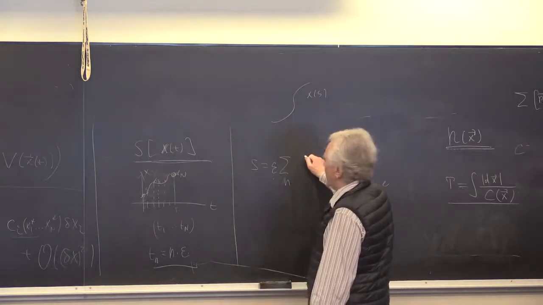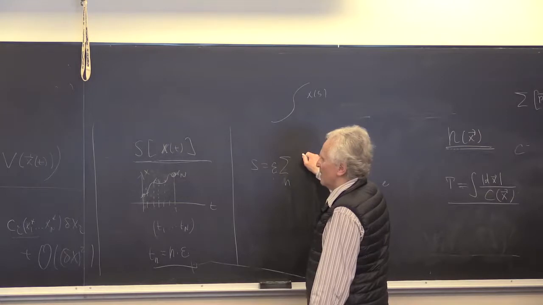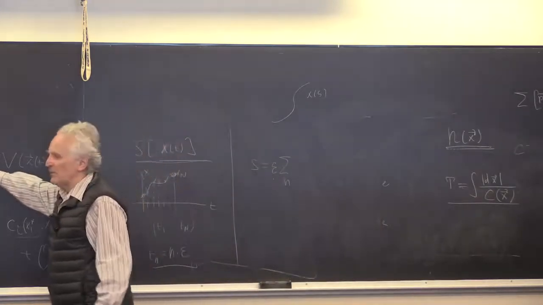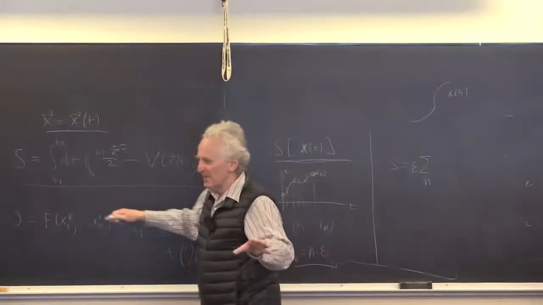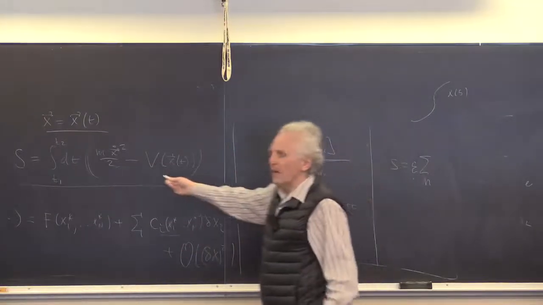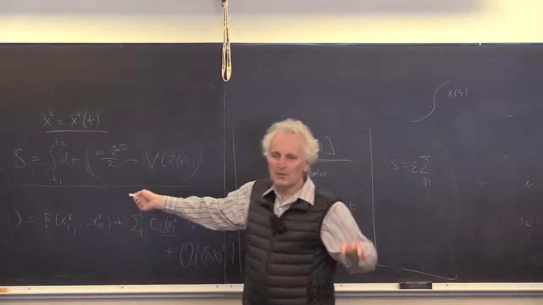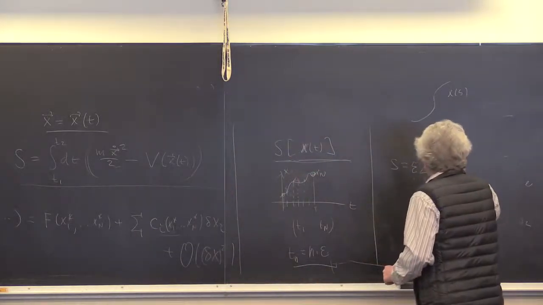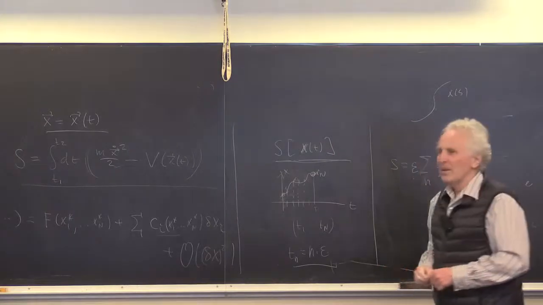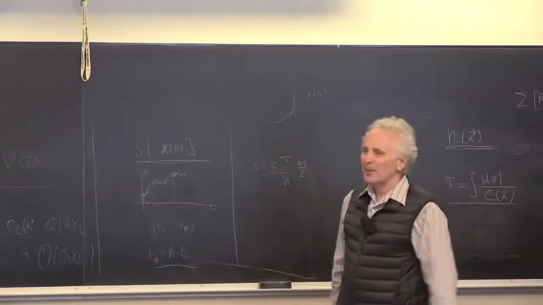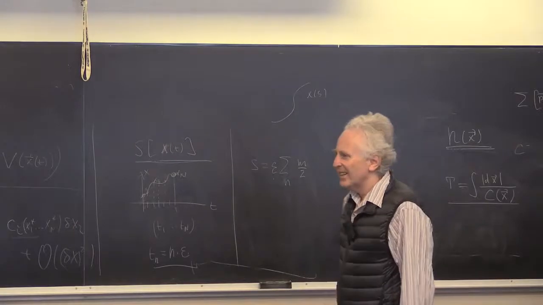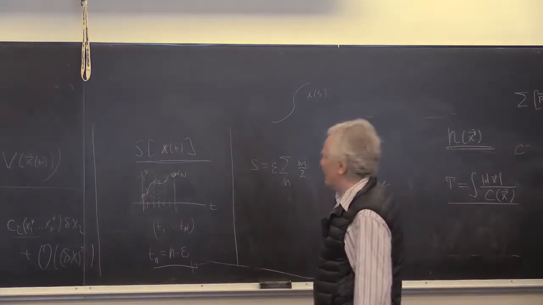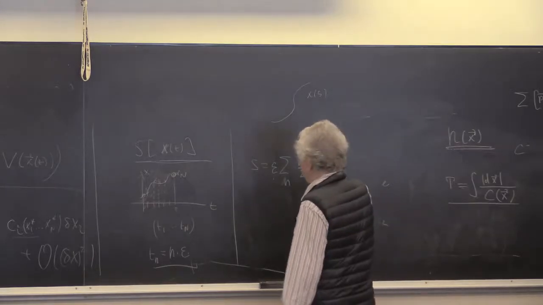Now, what will stand instead of the mass? It will remain the mass. Okay, 1/2 in our approximation will remain 1/2. But what about the x dot squared?